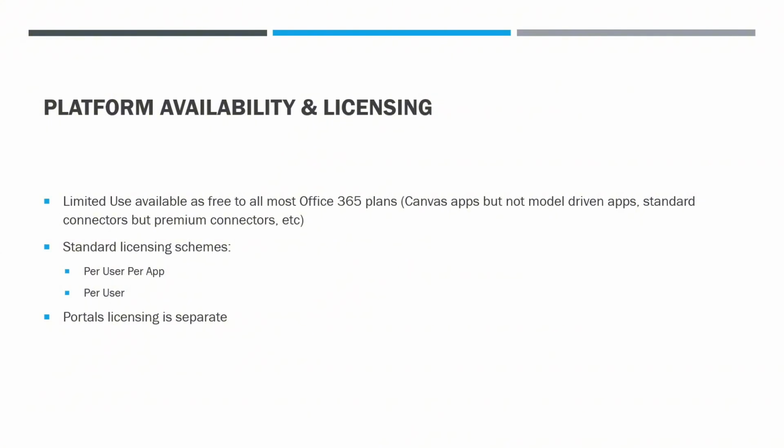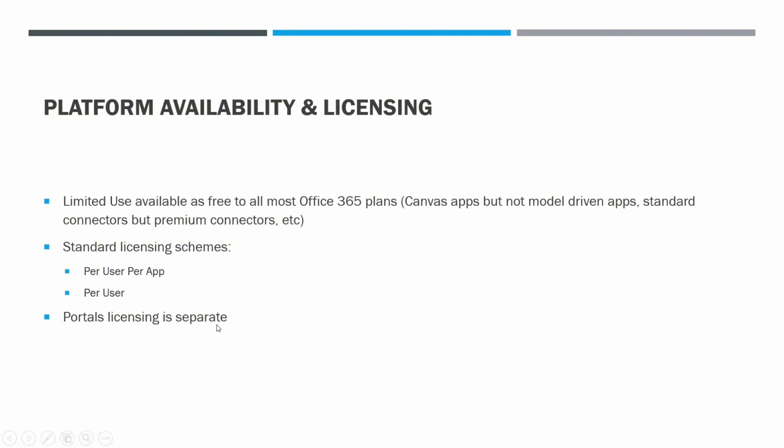Every user will need to pay, I don't remember, $5 or $8 per user per month. Whereas if there is more than one app and you want to use an unlimited number of apps, then you move to per user licensing, which is about I think $15-$20 per user per month, where you can run as many apps as you want.